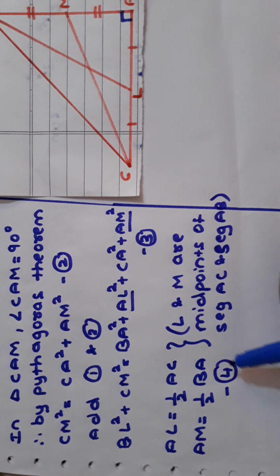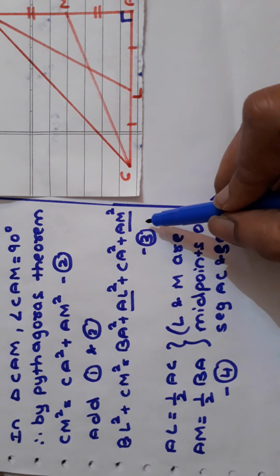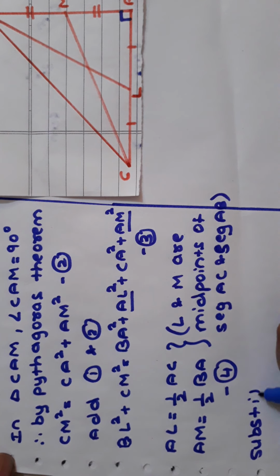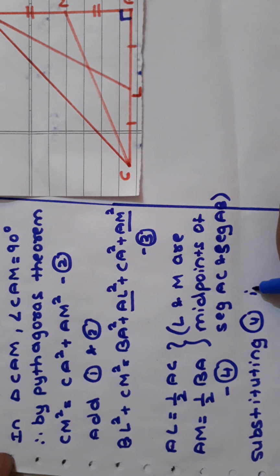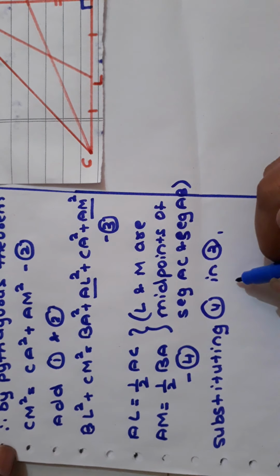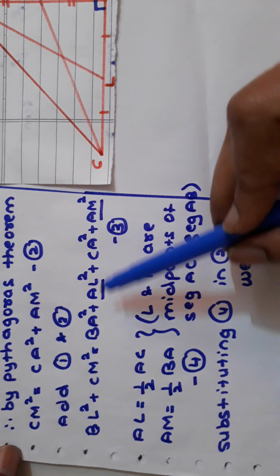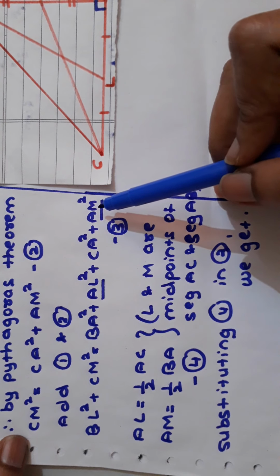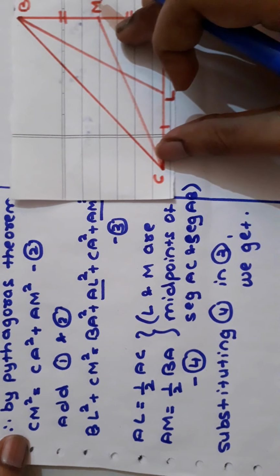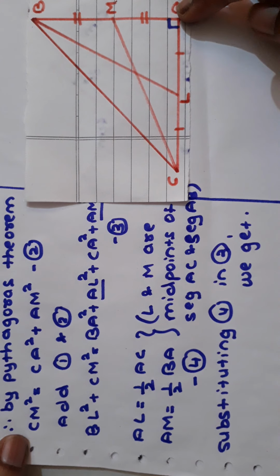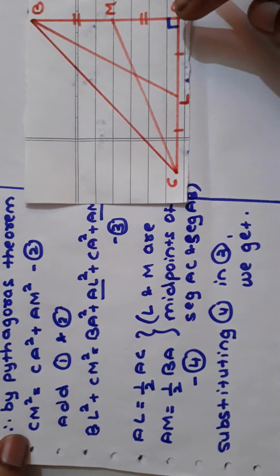Now substitute expression 4 in expression 3. I am doing this because I need BC square on the right hand side, and if I get BA square and AC square, then by Pythagoras theorem BA square plus AC square is BC square.